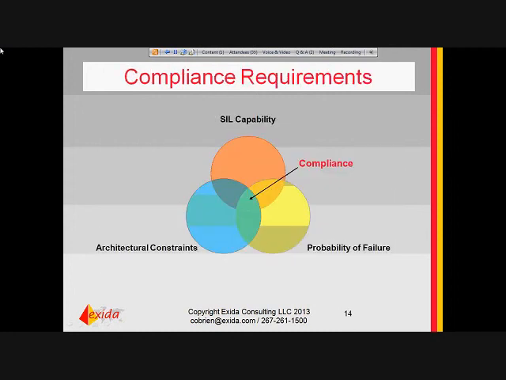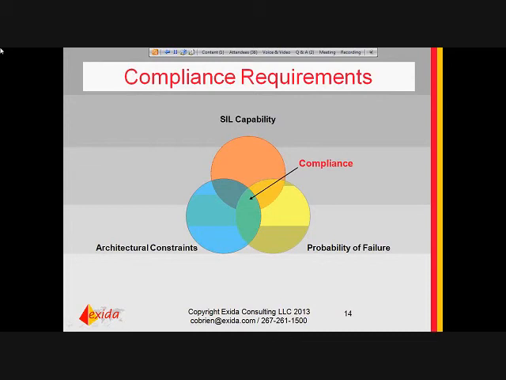Now, to show compliance for a given safety instrumented function, let's say we do the analysis and determine we need protection for overspeed. That's obviously a very common hazard associated with turbines. To design a safety instrumented function for overspeed, you'll need to meet 3 criteria.